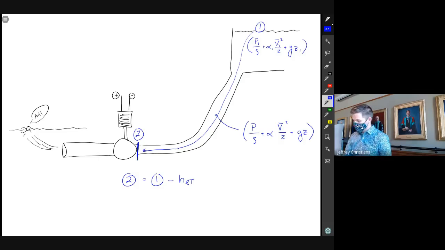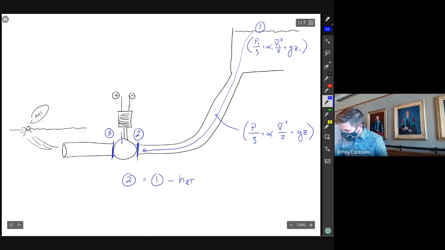Then you can look right there at 3. Say, okay, the fluid at 2 has lots of energy still. Not as much as at 1, but it still has a lot. We only lost a little bit to friction, hopefully. How much do we have at 3? Well, we now want to use the turbine and extract energy, because that's the whole point.